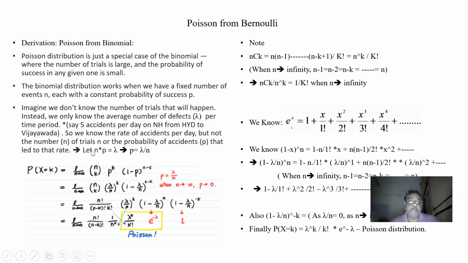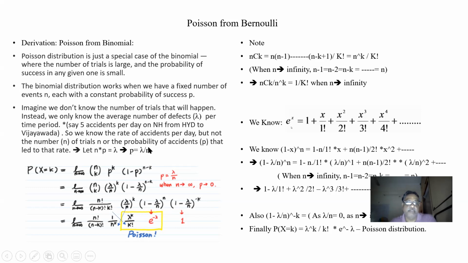That means 100 vehicles have traveled, 100 into 0.1 is 10. So lambda is the observation, and n into probability is equal to lambda. So n becomes lambda by p, or the probability p becomes lambda by n. So q is 1 minus p. So probability of accident is lambda by n.